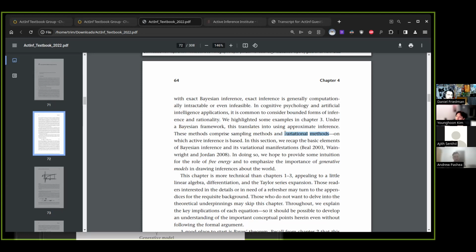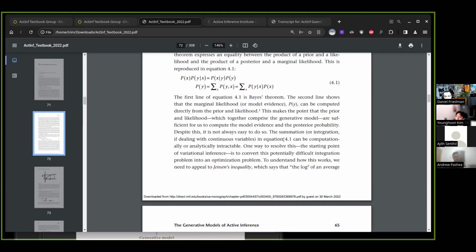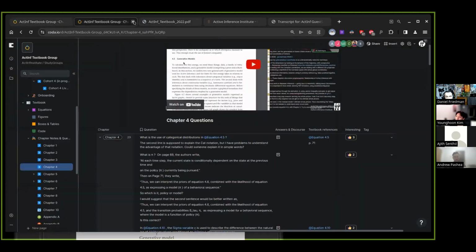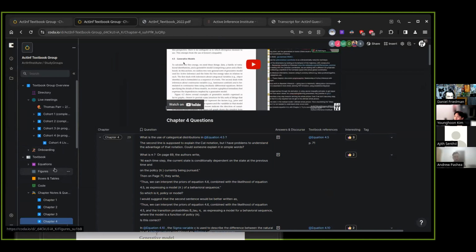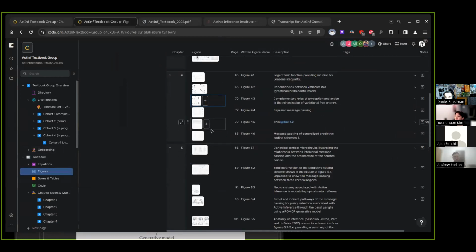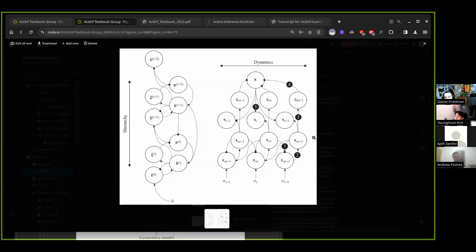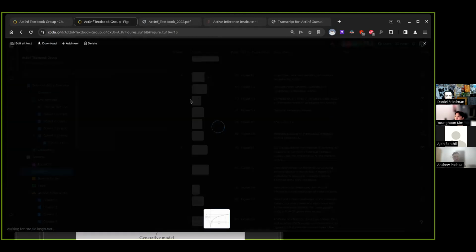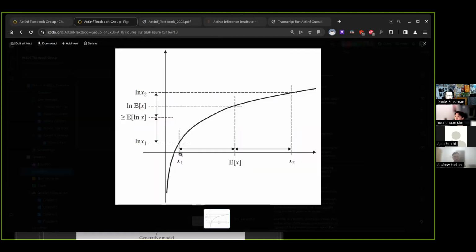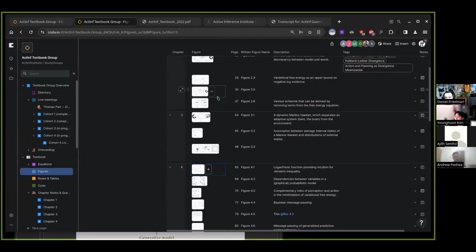But instead of focusing on surprise minimization itself, which we're not going to be able to directly calculate, we're going to calculate something that is bounding surprise. And that's going to be the variational free energy.